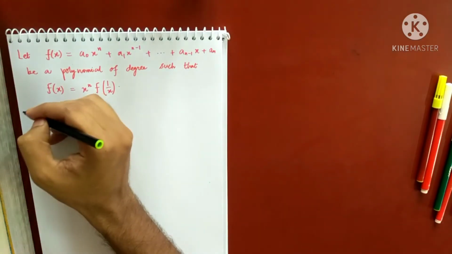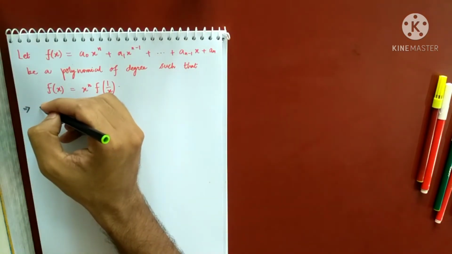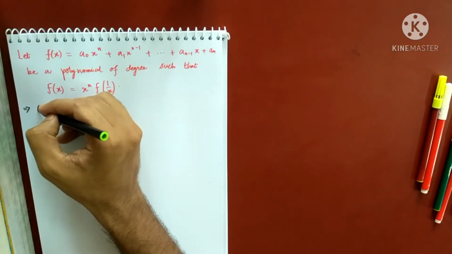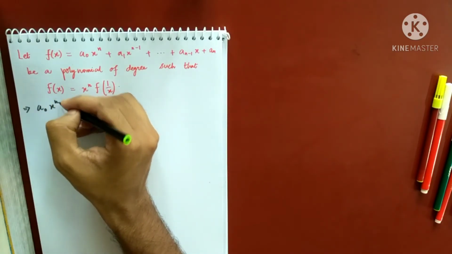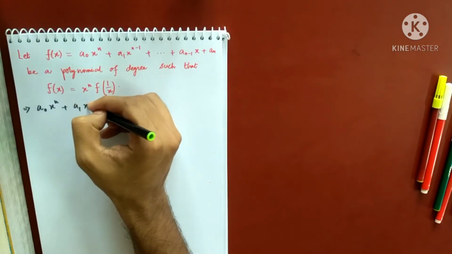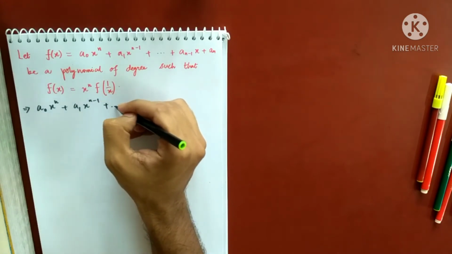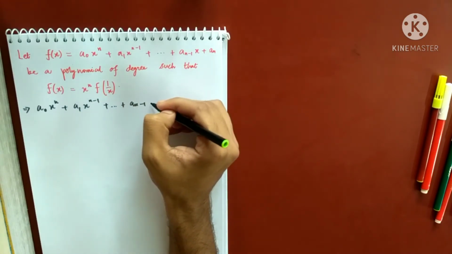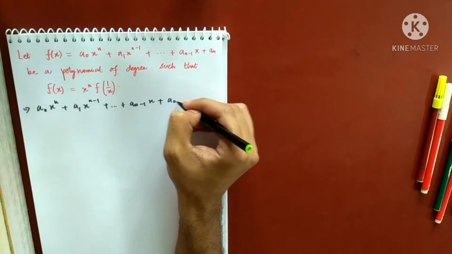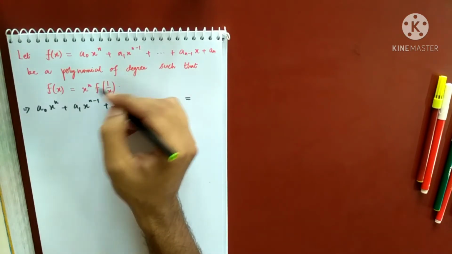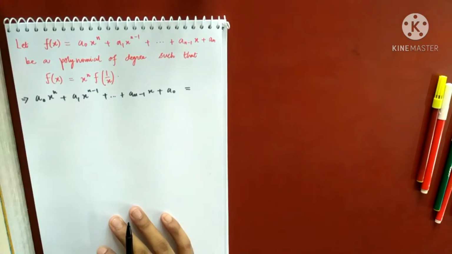Very simple. What is the left hand side? Left hand side is fx. Let me write a0 x to the power n plus a1 x to the power n minus 1 plus dot dot plus an minus 1 x plus an. So this is equal to, because this has been given to us, I can use this fact.